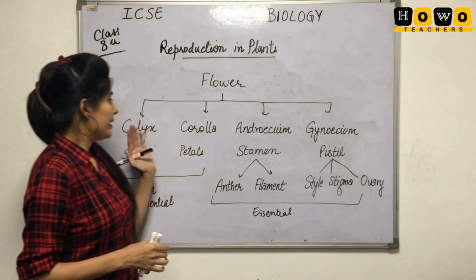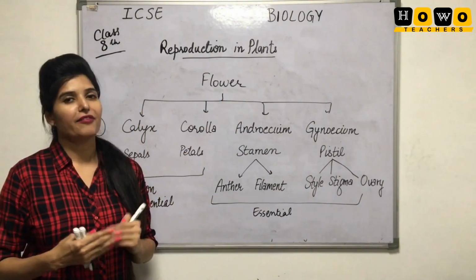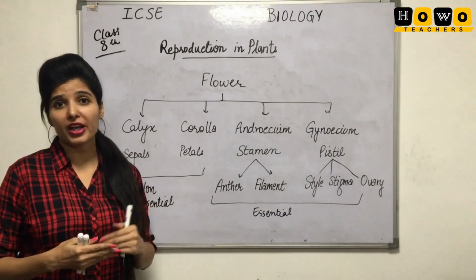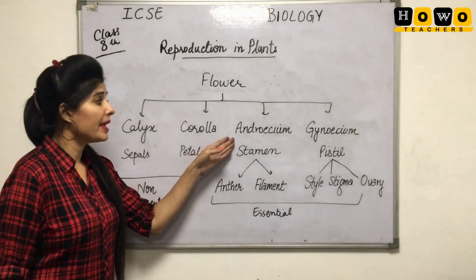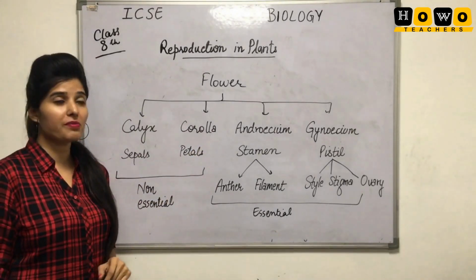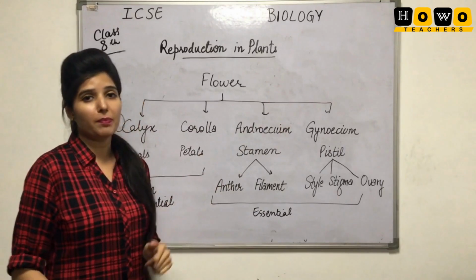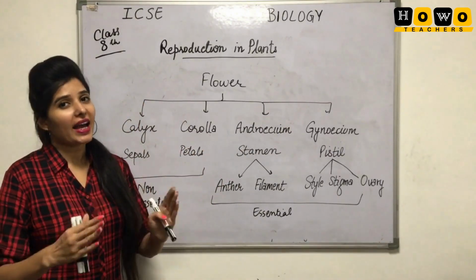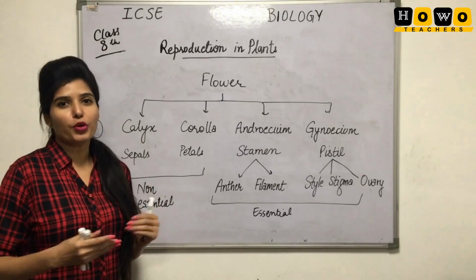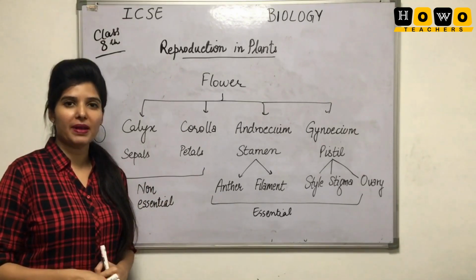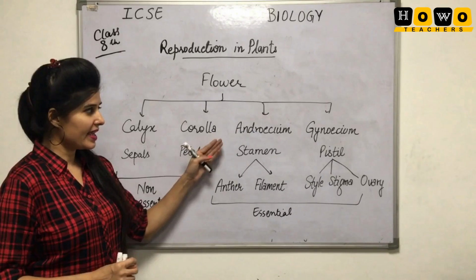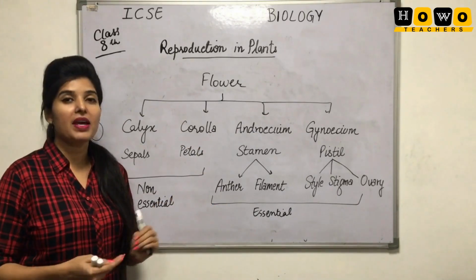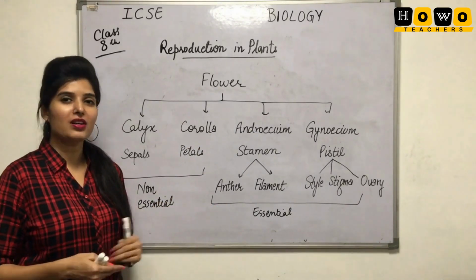Because calyx and corolla only have the function of supporting the reproduction. The male part of the plant, androecium, and the female part of the plant, gynoecium, that is stamens and pistils, actually help in the mode of sexual reproduction in plants. That is why they have been given the name essential whorls of the flower.